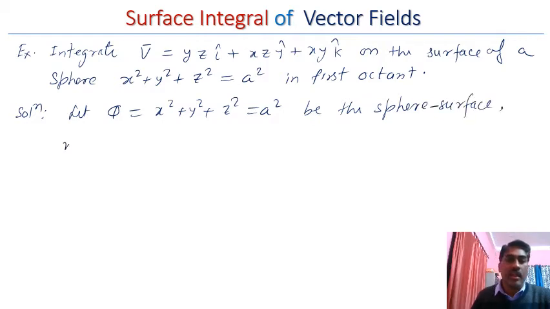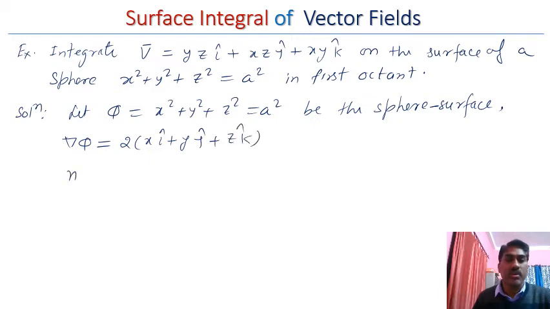Then first find the gradient of phi. Del phi is 2 times (xi plus yj plus zk).